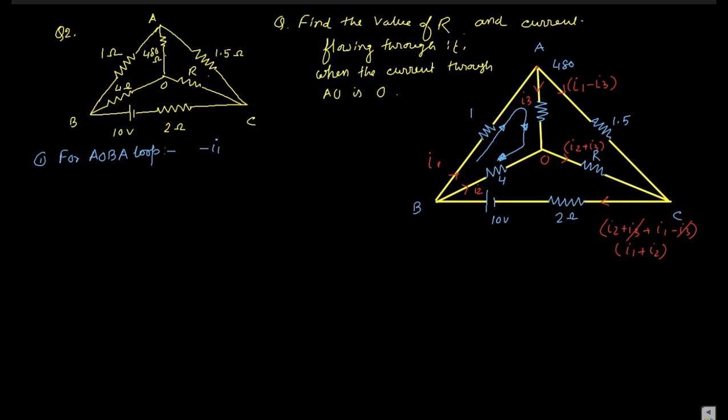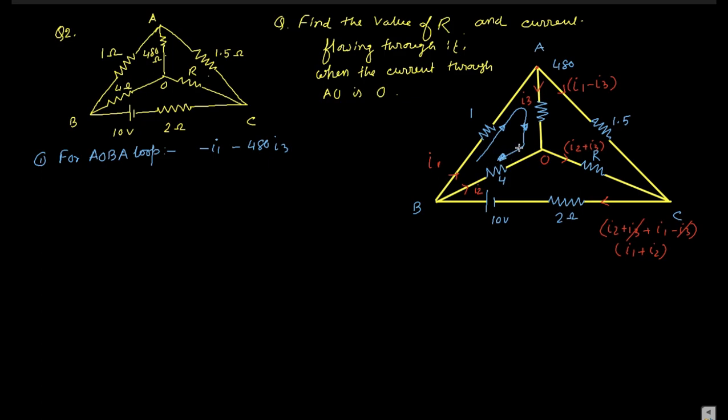So for AOBA, the direction of the path and the direction of the current are the same, so minus I1, here also minus 480 into I3.